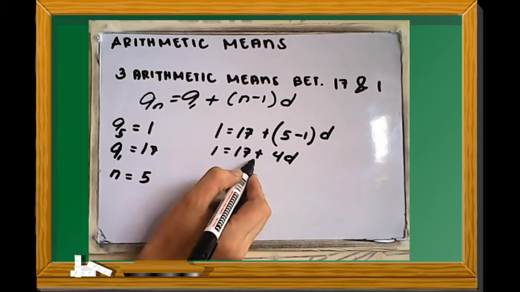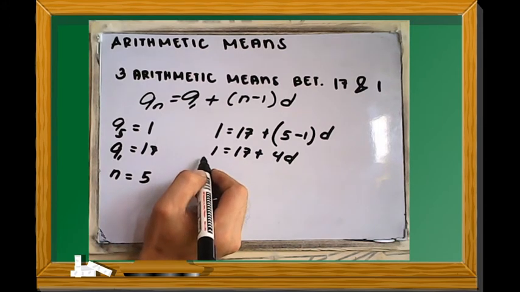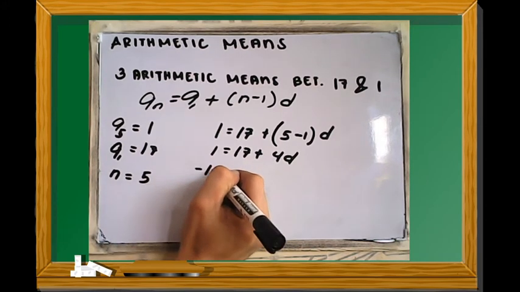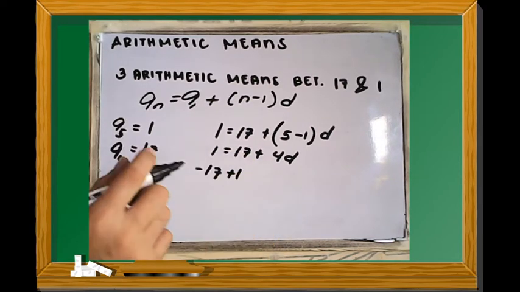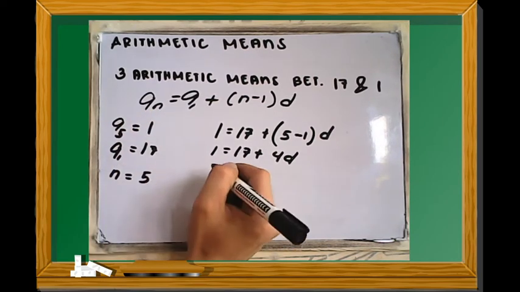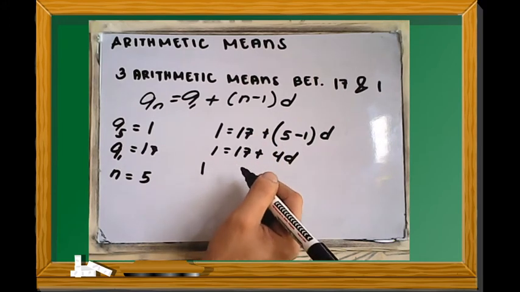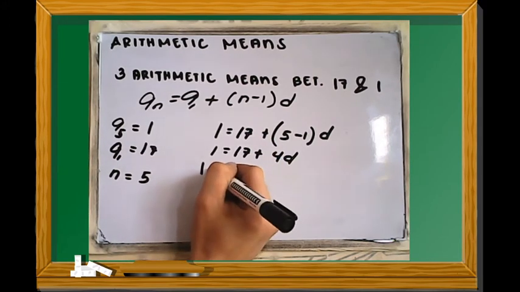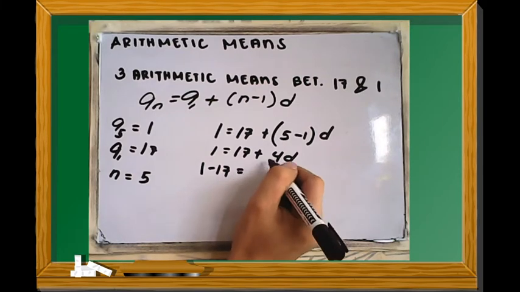Using transposition, positive 17, we move to the other side, so it becomes negative 17. And the 1 will be retained. Since 17 crossed the equal sign, it becomes negative 17. So what remains is 4d.